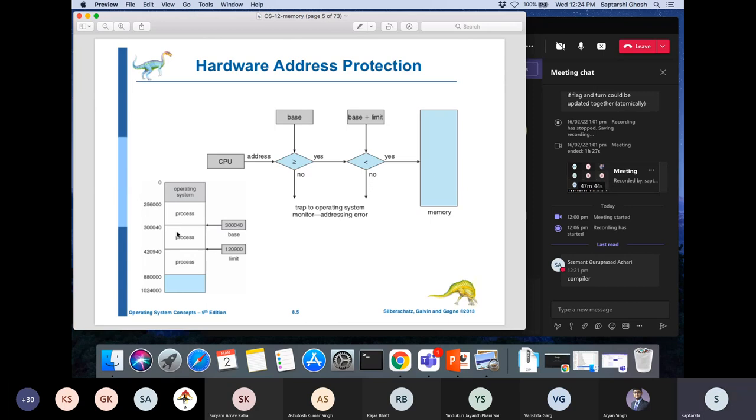So this process, this middle one, that is being executed on the CPU, generates an address 5, let's say. But this is assuming that the memory starts from 0. So this logical address 5, to which should it be mapped? To what physical address should that be mapped?